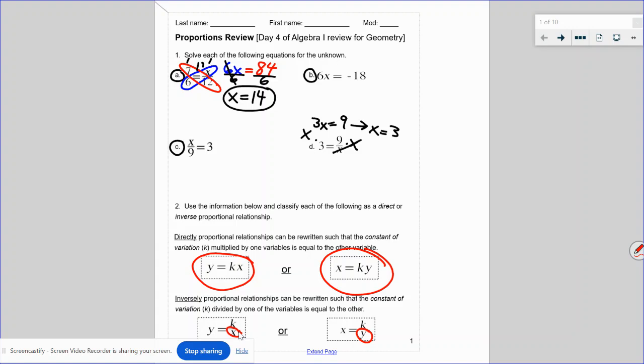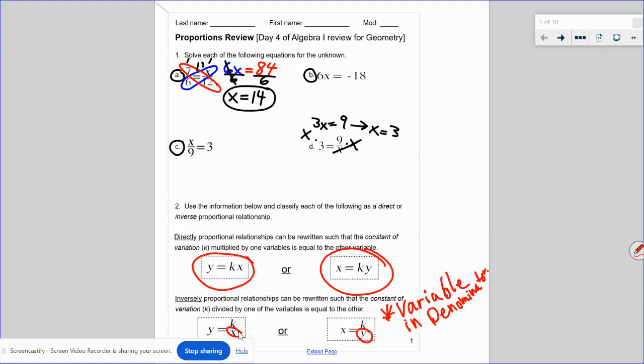So I'm going to put a little extra note here. Variable in the denominator. The variable has to be in the denominator for it to be inversely proportional. This k that we see here just has kind of a fancy name.